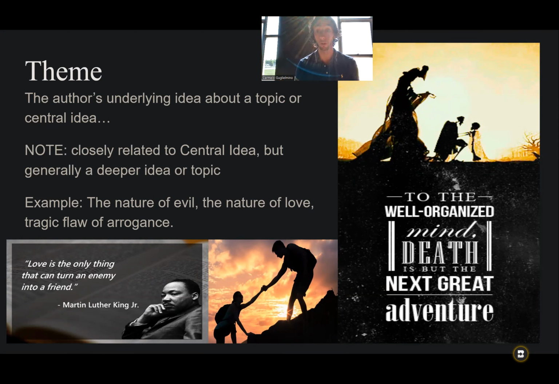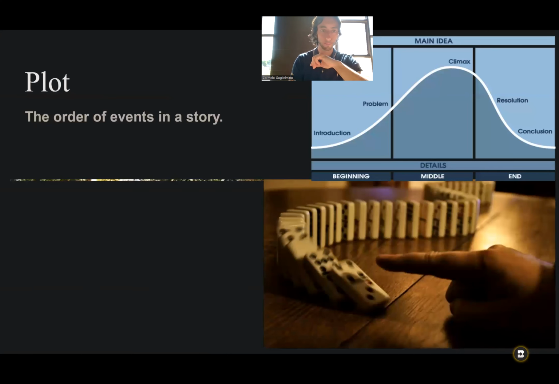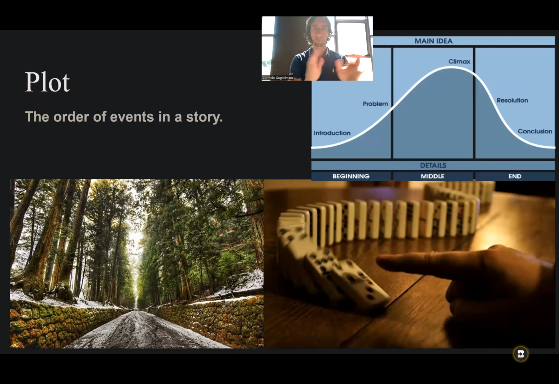Maybe, and I actually gave the passage right there from Harry Potter, death is actually not to be feared. It is something that is the next big adventure for us as human beings. That's the theme. So you see that clear distinction between a simple idea or concept that the author wants to convey to us versus something a little bit more complex that the author is showing us.